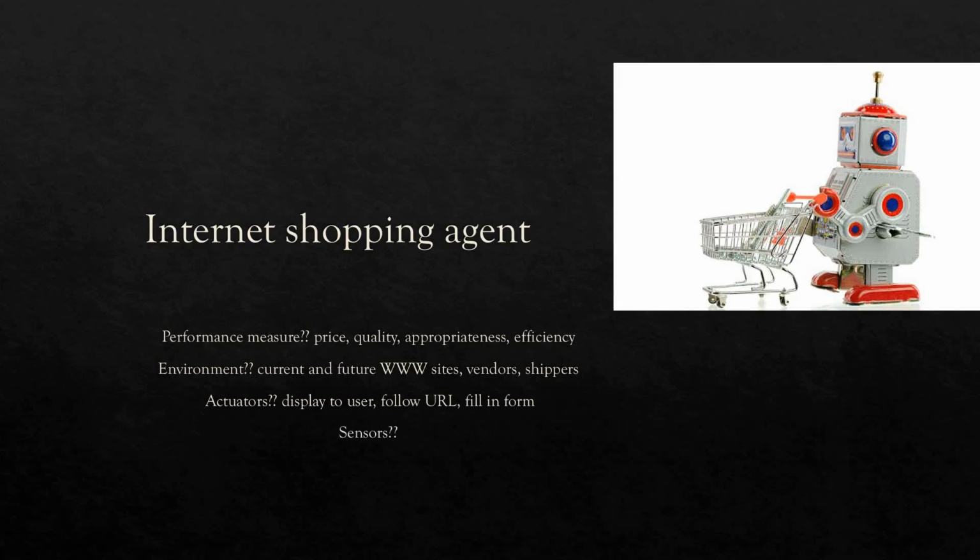And the sensors here are of course the HTML pages that you're visiting, the returned form content, the page metadata, product listings, reviews, search engine results. These kinds of things go into the sensors.